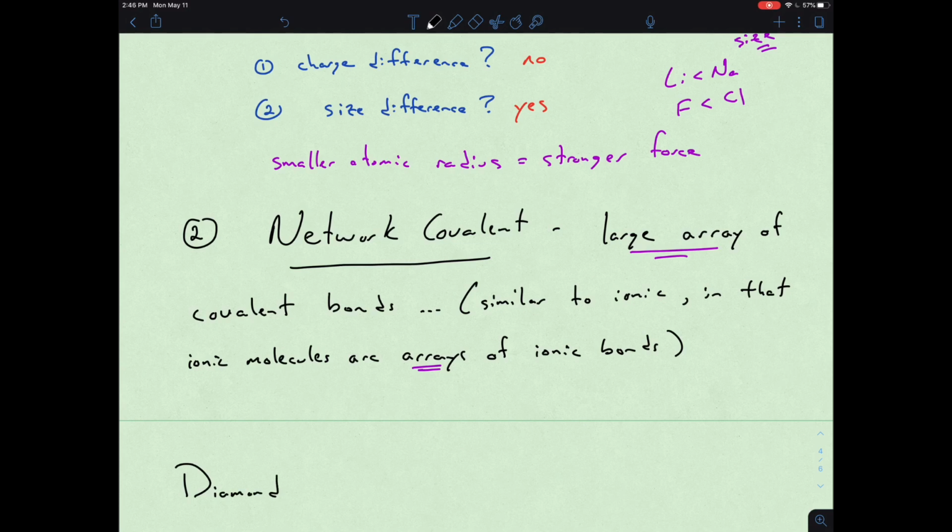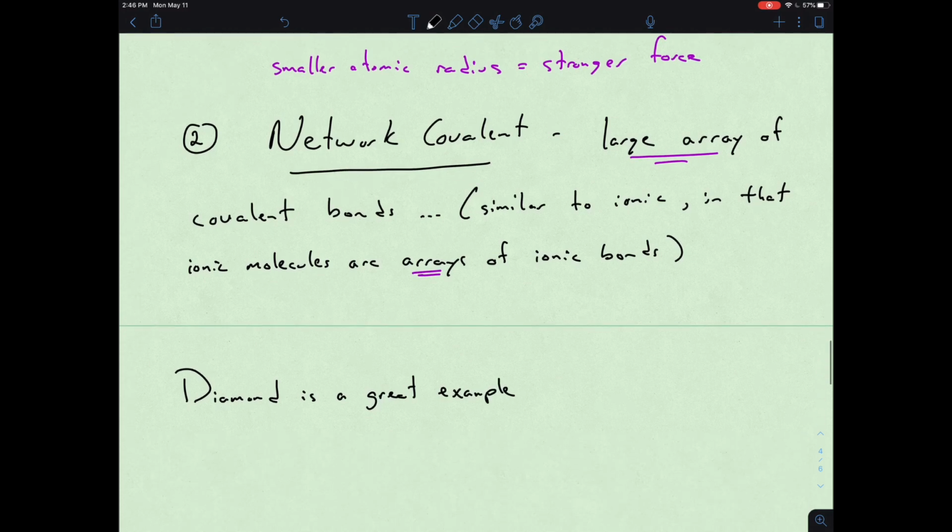Diamond is a great example. Diamond has these perfect tetrahedrals, and each carbon within this structure is attached to another carbon, which is attached to another carbon, which is attached to another carbon.